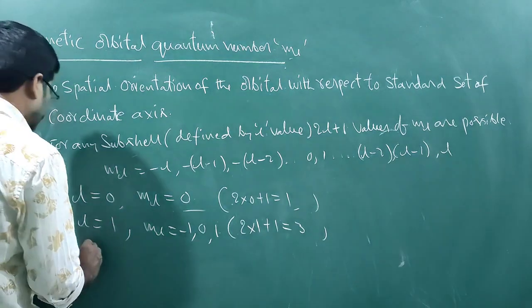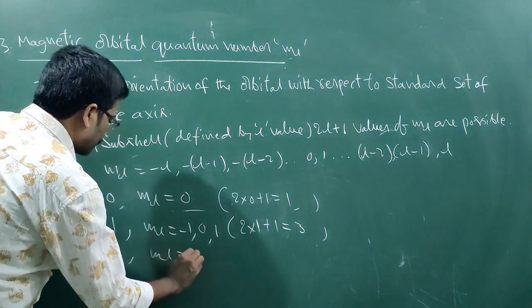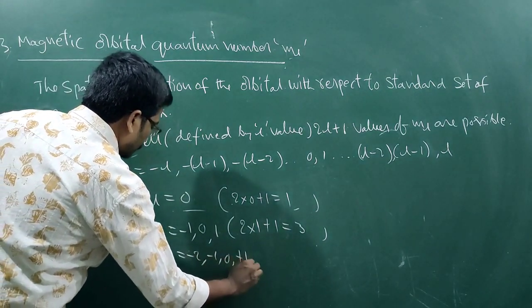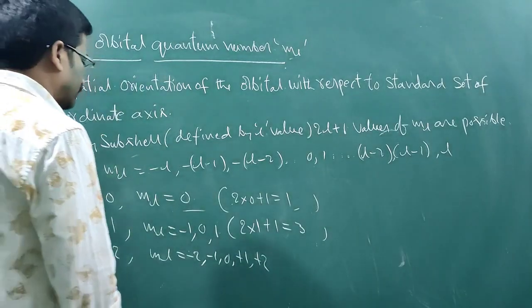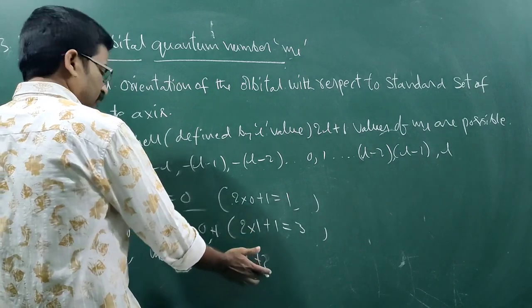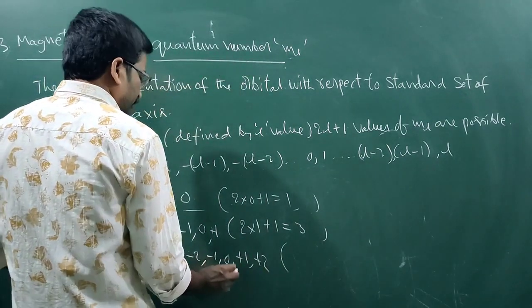Like that, for L is equal to 2, the ML values are minus 2, minus 1, 0, plus 1, plus 2. The total values are 5.